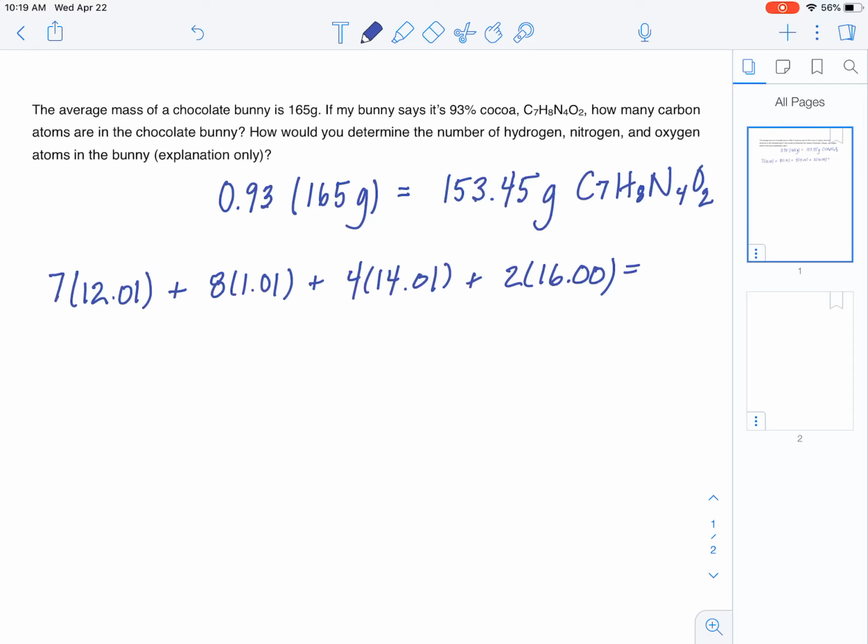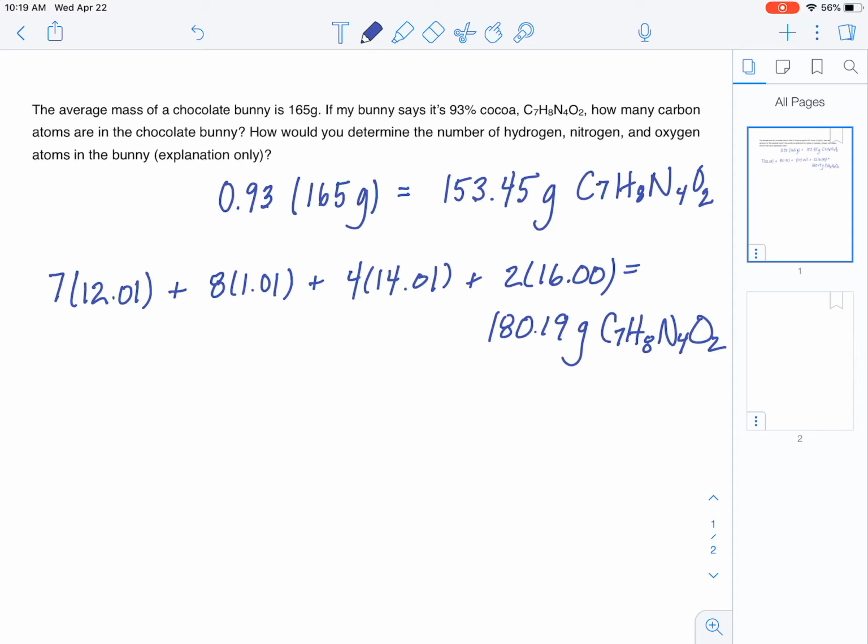And the combined mass of our cocoa is going to be 180.19 grams of C7H8N4O2.